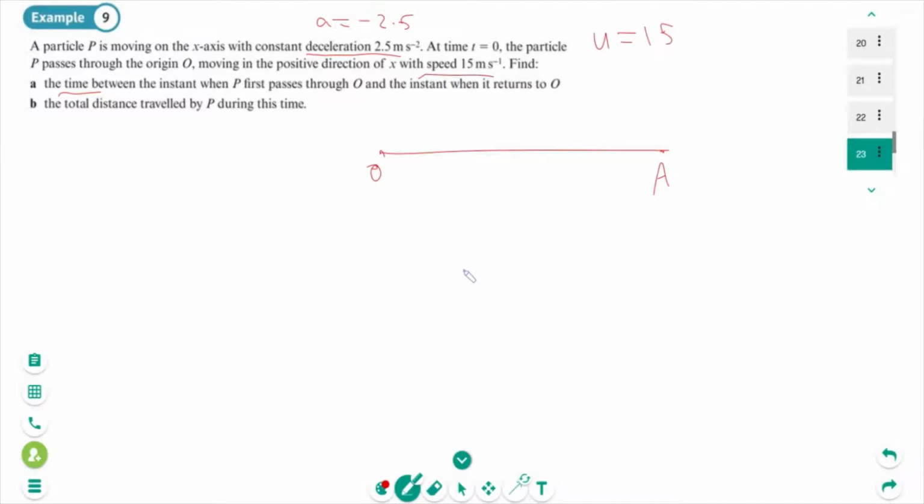When it completes that path, the displacement is S equals 0. That tells you to consider s equals 0.